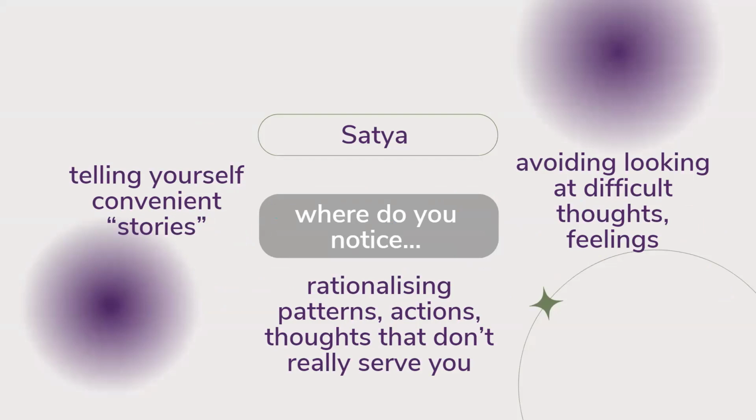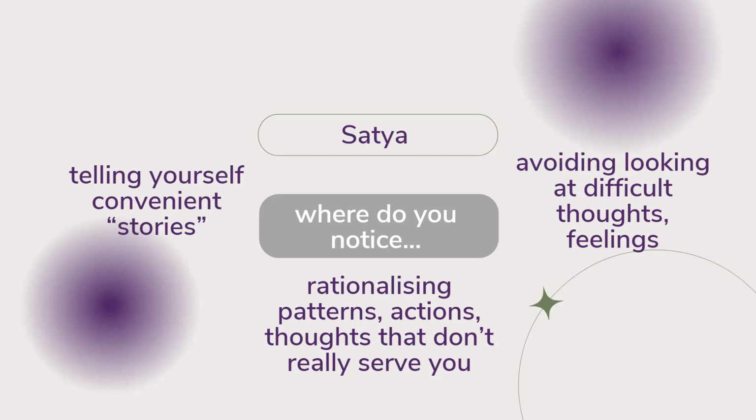And as we bring awareness to these things, then perhaps we can start to get into the practice of remaining and sitting in awareness with these things rather than turning away.